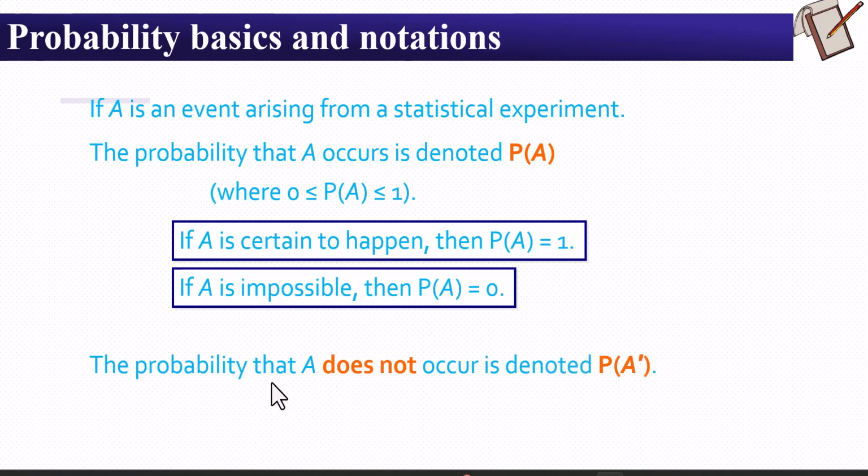The probability that A does not occur is denoted as P of A complement. And P of A complement will always be equal to 1 minus probability of A. Probability of A not occurring will always equal 1 minus probability of A occurring.